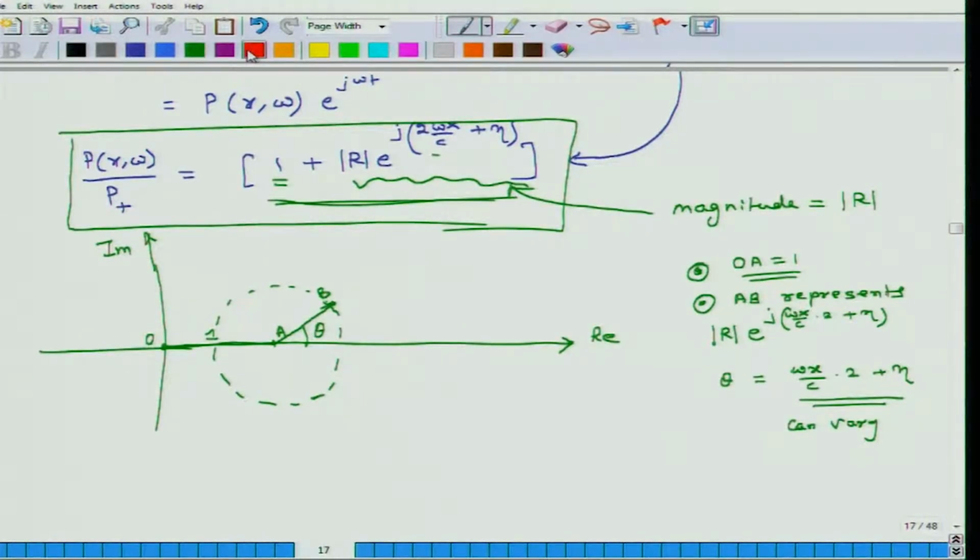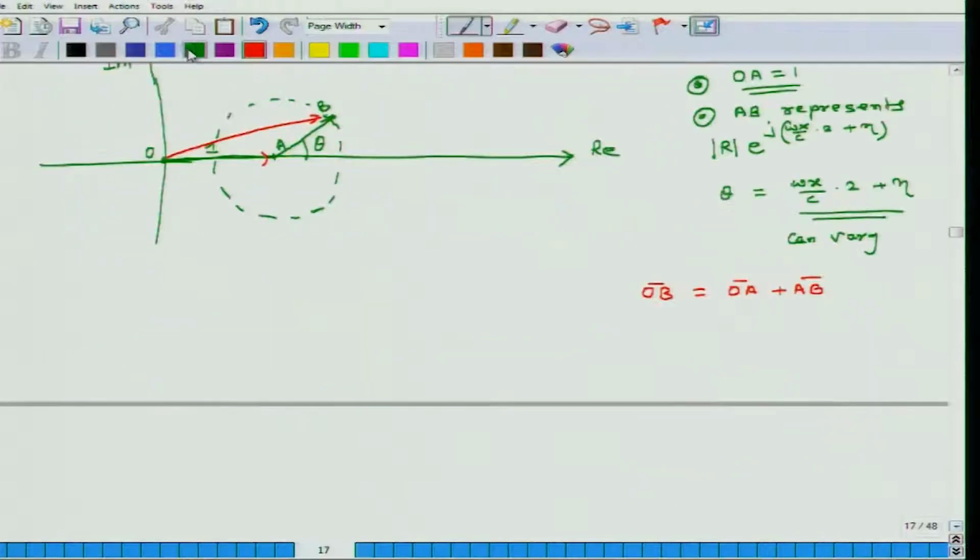And for my total vector, using the laws of vector mechanics, OB equals OA plus AB, right. Now we are getting close.